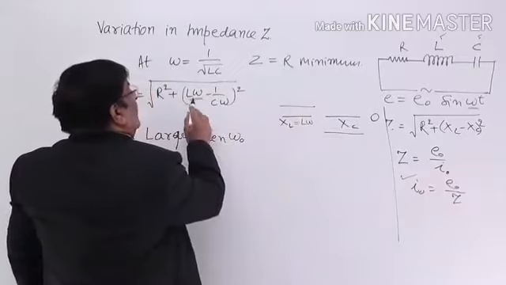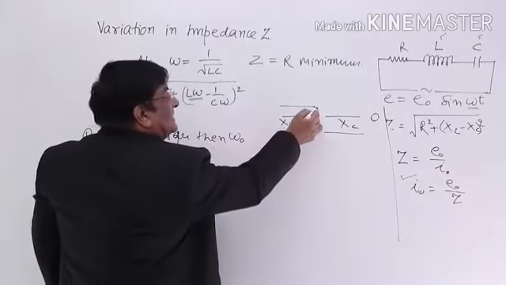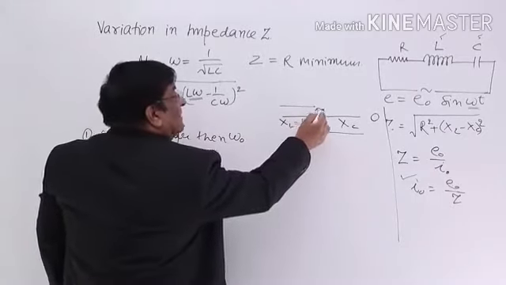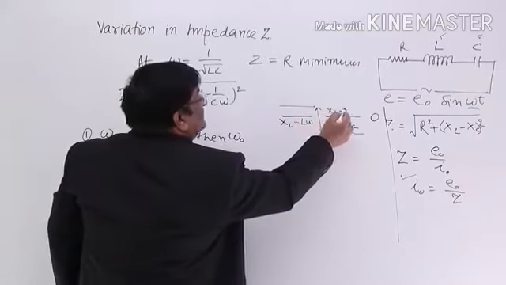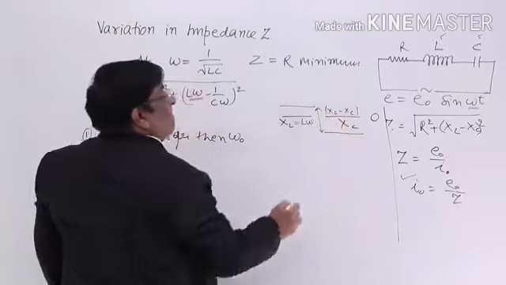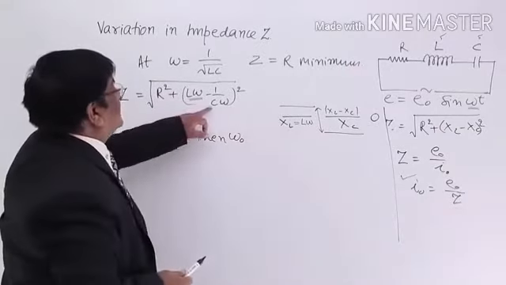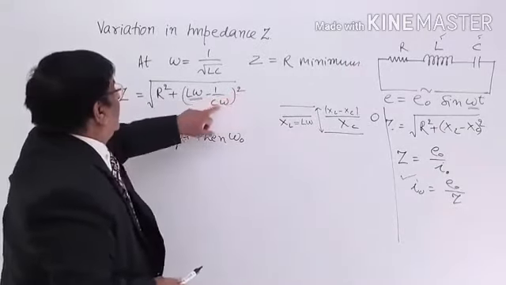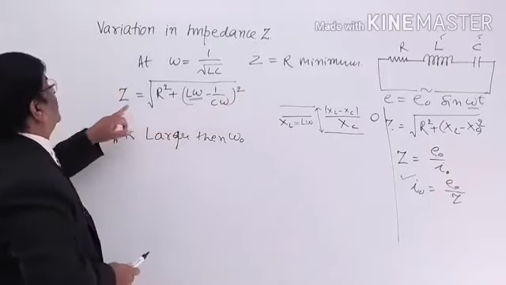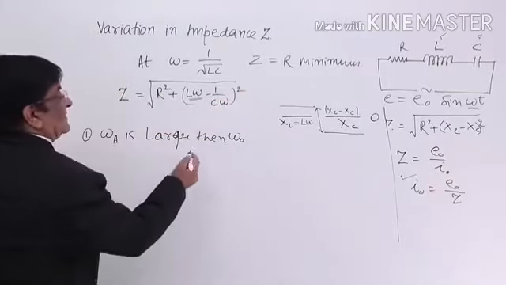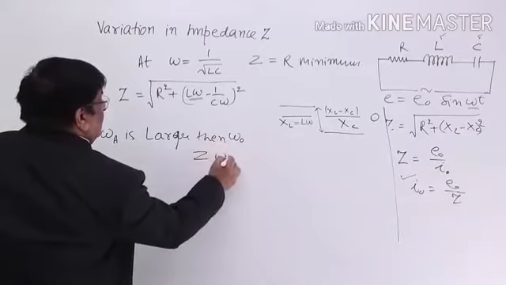Then what will be the value of XL minus XC? This is the value of XL minus XC, and we make a square of it. That means it has a certain value. We make a square of it, add it to R square, and Z will increase.